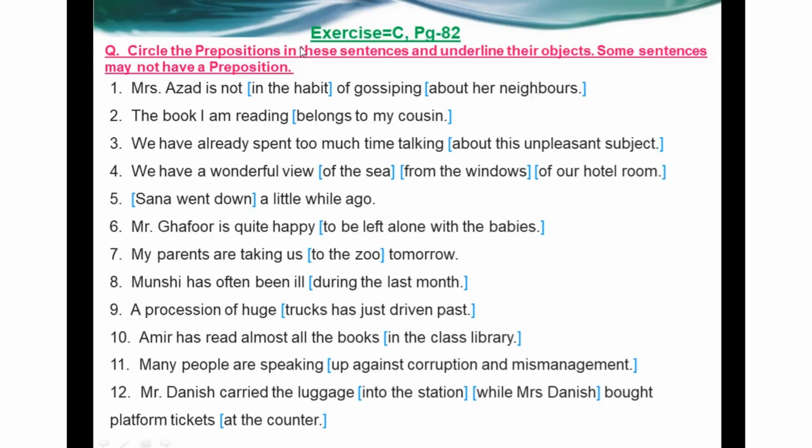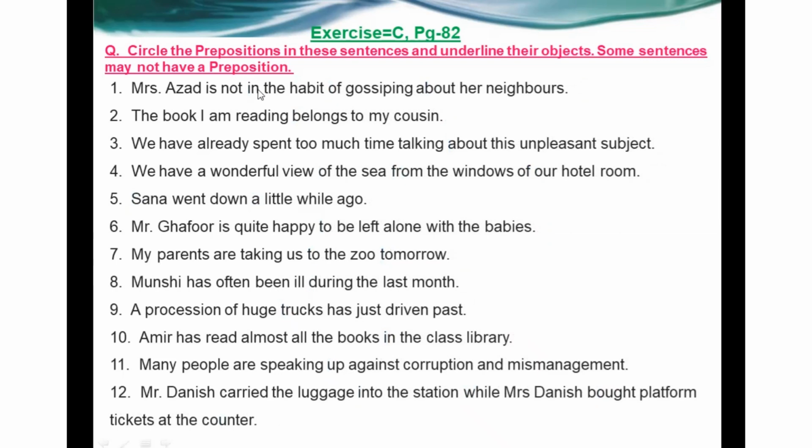So in these sentences, what we have to do first, pick out the preposition. In number 1, they have already picked out 3 prepositions for you, right? First preposition in the book that is already picked is in. Next one is of, and other one is about. Whatever the preposition we pick, we also have to pick the object of that.